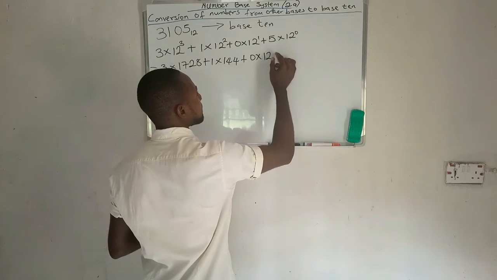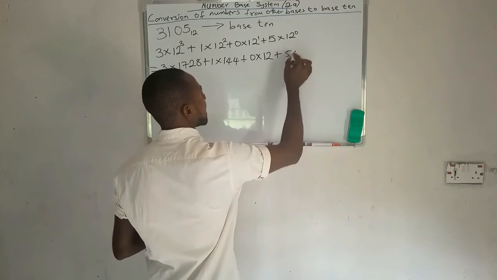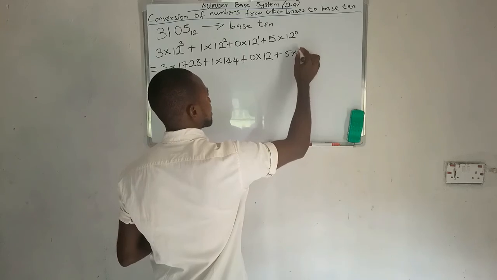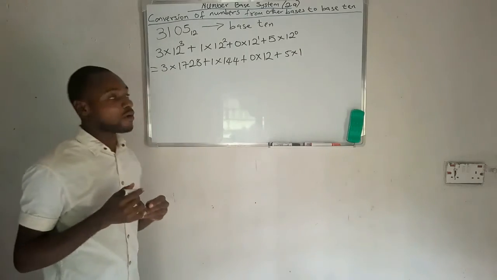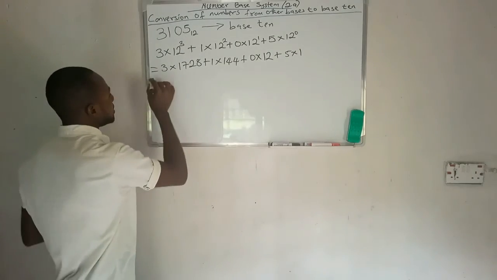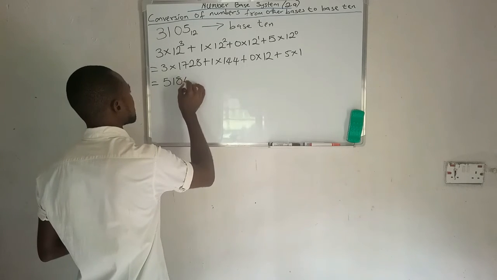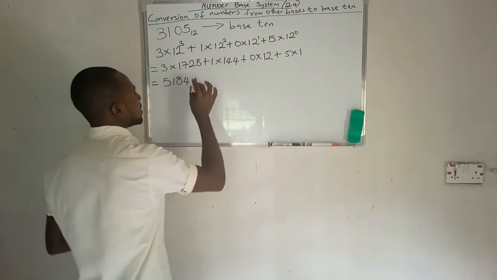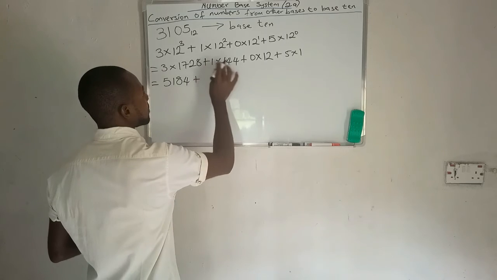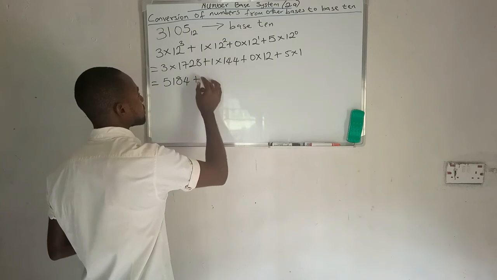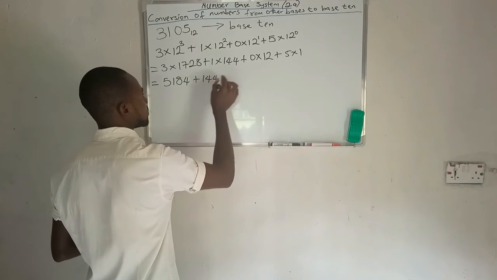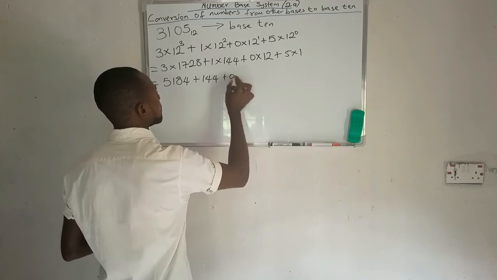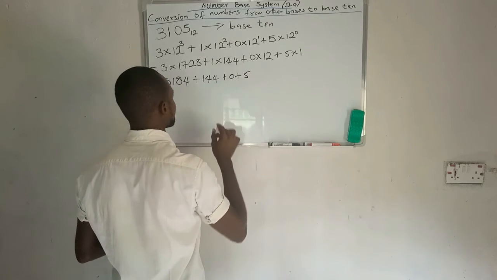Then plus 5 times 1. So anything raised to the power of 0 is 1. And then we'll have, then plus, this will be 1 times 144, we have 144.